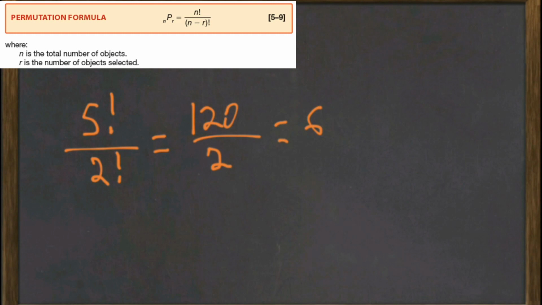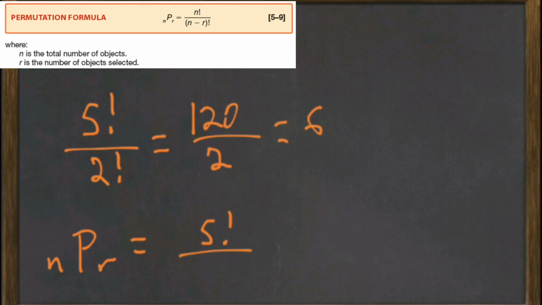I don't know if that's that appetizing, but we would plug in. Well, let's walk through that. So nPr, we simply plug in the number of objects, which is 5, and the number selected, which in our new case is 2.